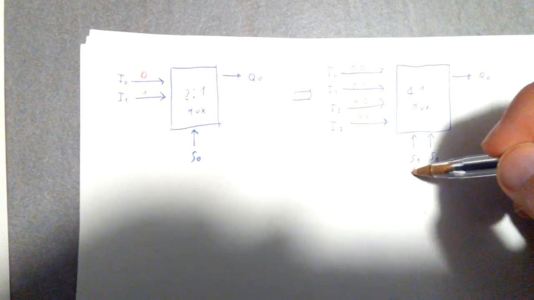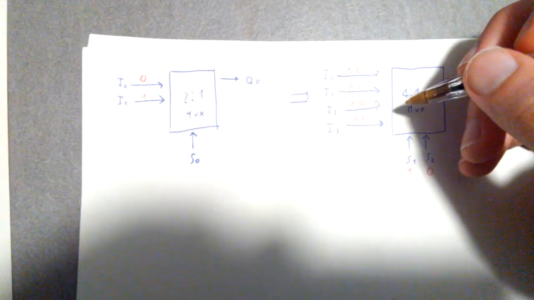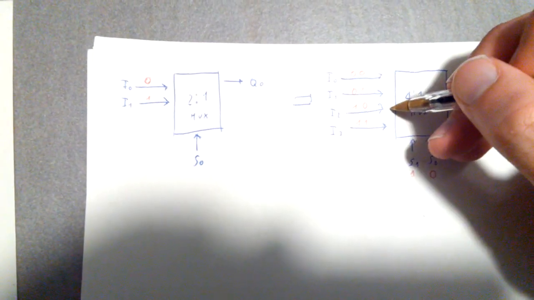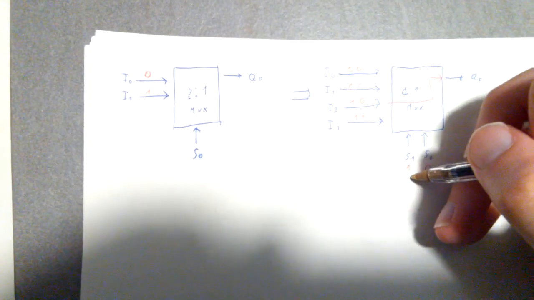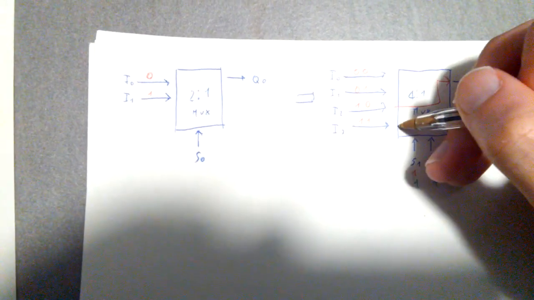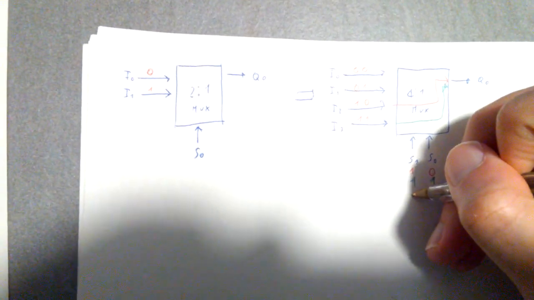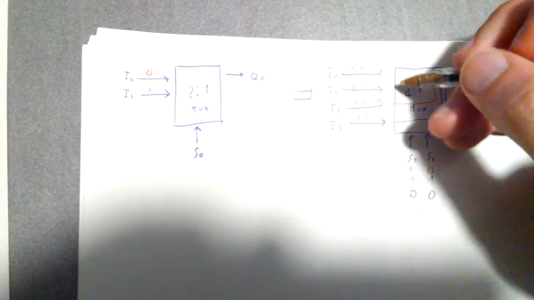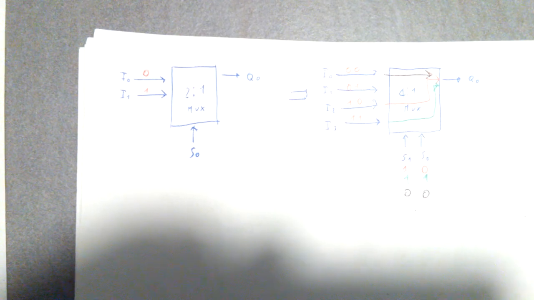So for instance, if we have S1 set to 1 and S0 set to 0, then this one is going to go to the output. If we have S1 set to 1 and S0 set to 1, then this one is going to go to the output. If we have 0 0, then I0 is going to go to the output, and so on and so forth.